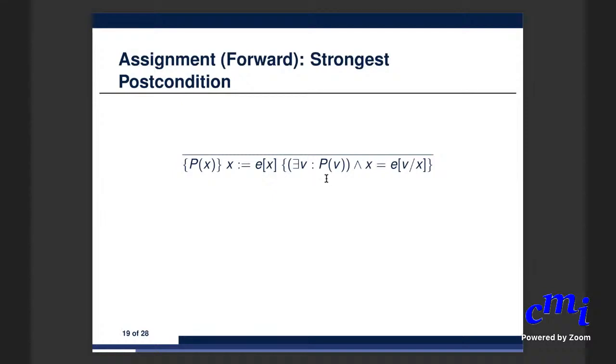Usually, people use the weakest precondition formalism because there you could get the weakest condition by simple substitution, whereas for the strongest postcondition, the condition is a little bit more complicated, although it can be simplified also. So you have to make sure that there exists a value such that P is true. If P is not satisfiable at all, like it's false, then it will be false.